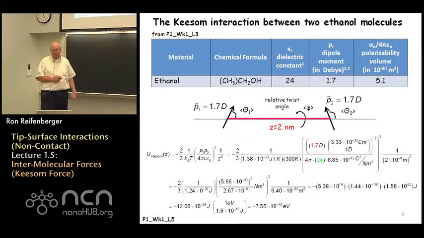So that's why this is relevant to the case of atomic force microscopy, because usually your tips and your substrates are electrically neutral. The only interaction that's left over is interactions between dipole moments in the tip and the substrate, and this is one of the possibilities that could arise.